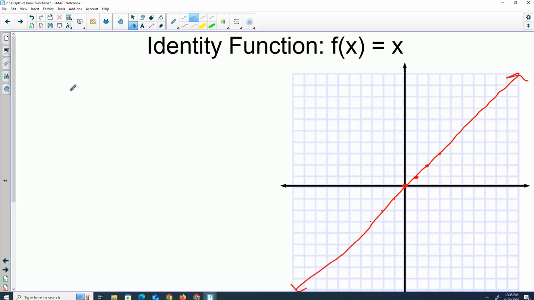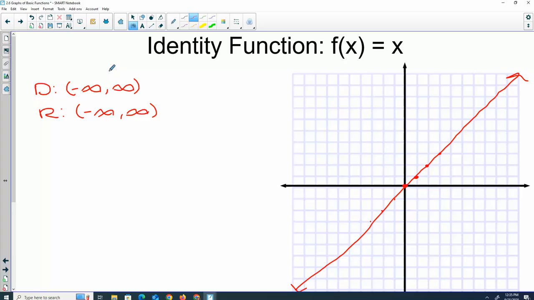I want to answer some questions about that. Can you tell me the domain? What is the range? Okay.